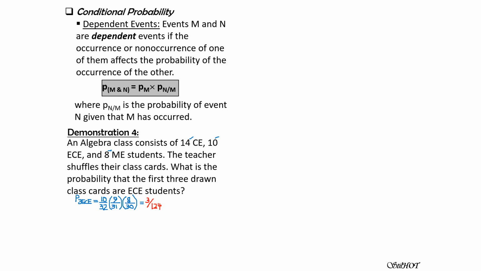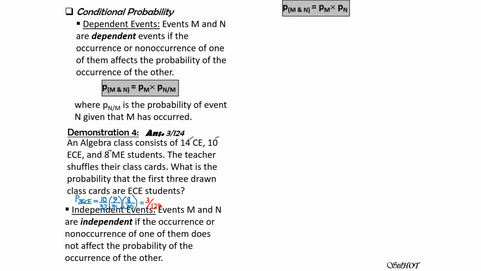We then proceed to the second case, which is independent events. By the case itself, independent events, we say events M and N are independent if the occurrence or non-occurrence of one of them does not affect the probability of the occurrence of the other.